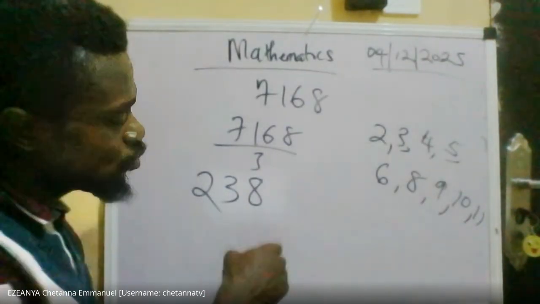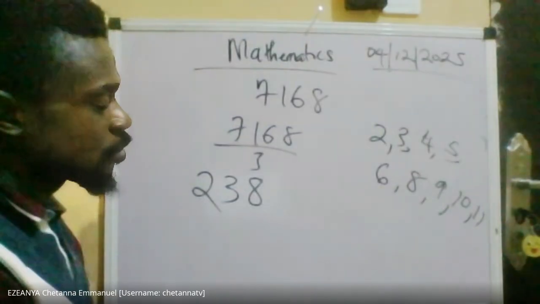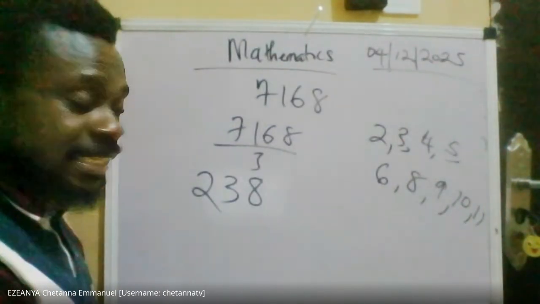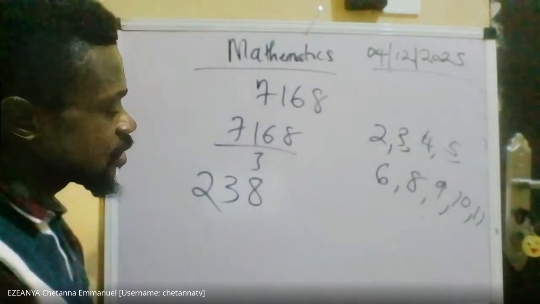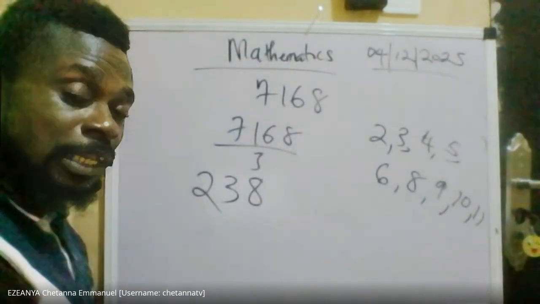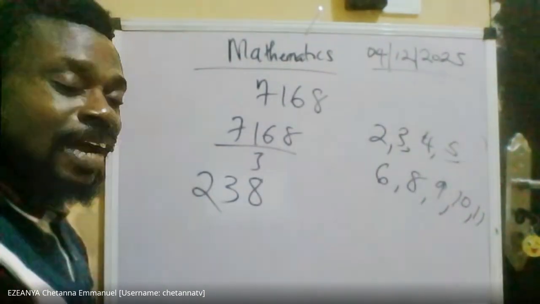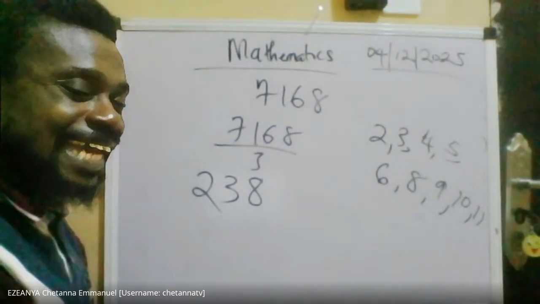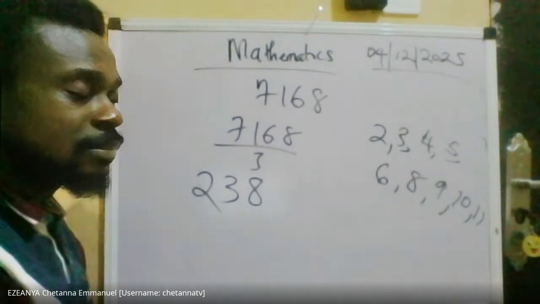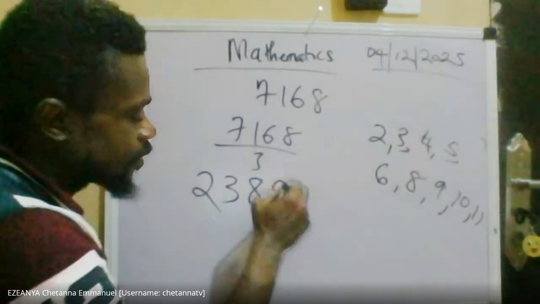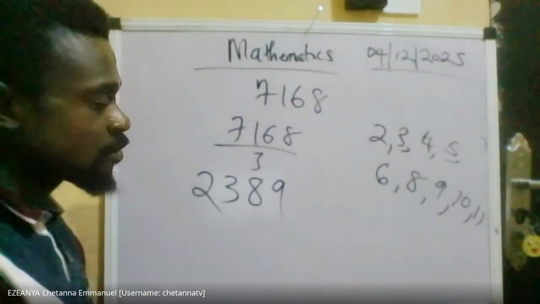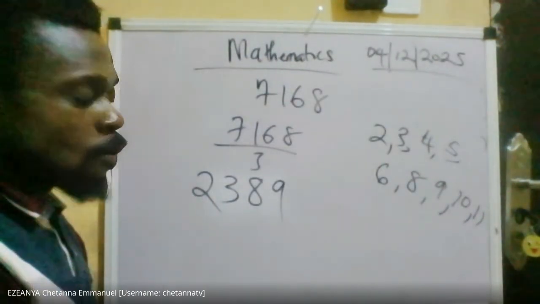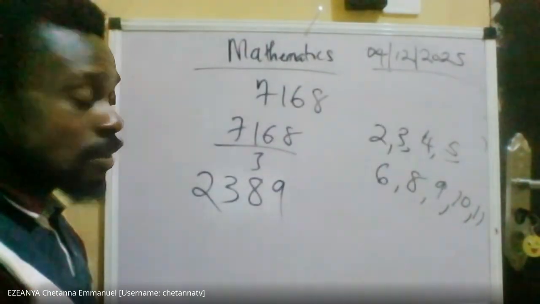You multiply that 2 by the base you are working on. 2 times 10 is 20. You add it to this 8. It becomes 28. 28 divided by 3. You keep dividing. How many 3's can we find inside 28? You can find 9 because 3 times 9 is 27. So here is 9. What is the remainder? 28 minus 27 is 1. The remainder is 1.